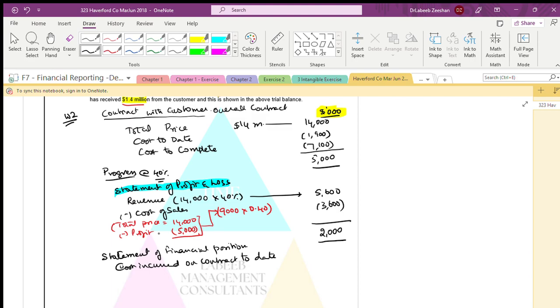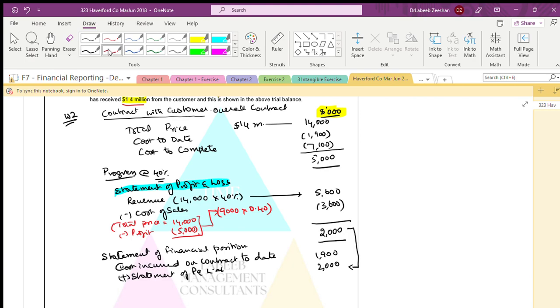How much is there? 1,900. Then we have added the amount calculated in the statement of profit and loss. This value comes to 2,000.